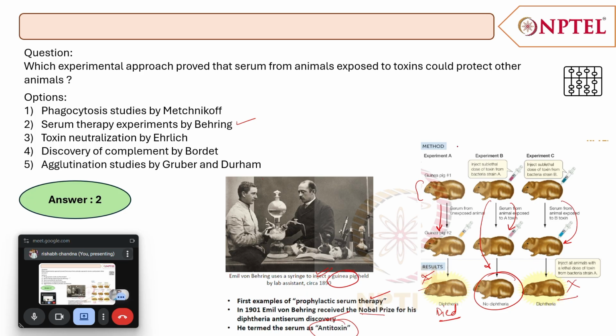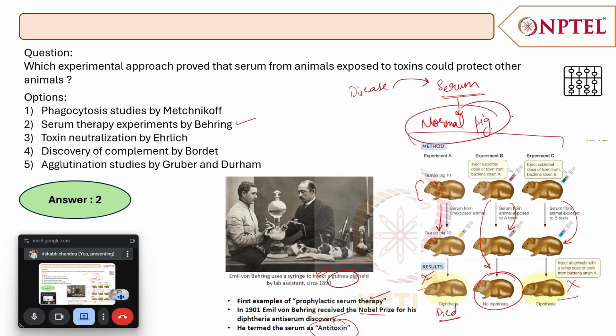Okay, so these suggest that whenever the pigs have a disease, if we take out the serum from those particular pigs and inject it into a normal pig, this pig would have immunity against the diphtheria toxin.